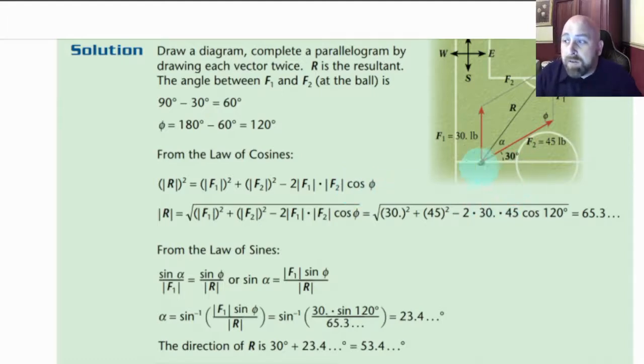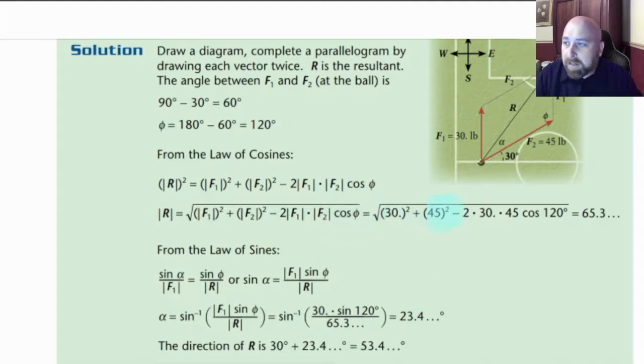Well, the angle that you have is 60 degrees in this case. But we don't need the 60 degrees, all right? We actually need the other one. We need the missing angle because we have the 60 degrees. So we need 180 minus 60. We need the 120 because this is going to be an obtuse angle. And so we need the 120. So you'd take the 120. That would be your phi.